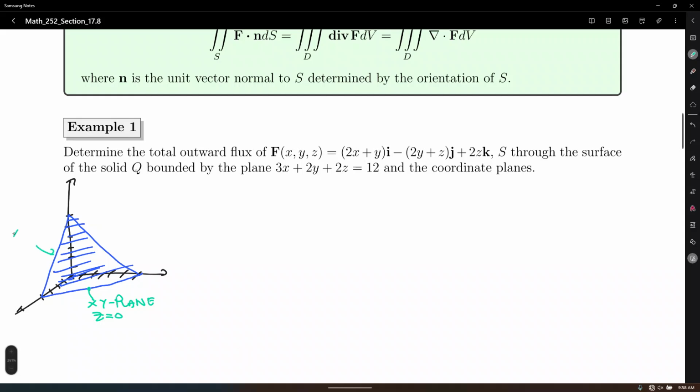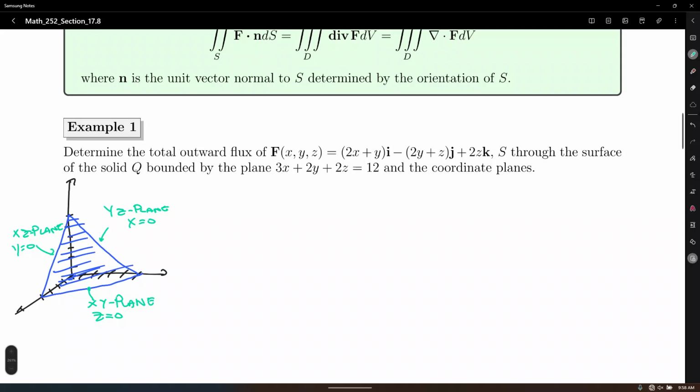The xz plane, that is y equals 0, and that wall in the back, the yz plane, which is x equals 0.